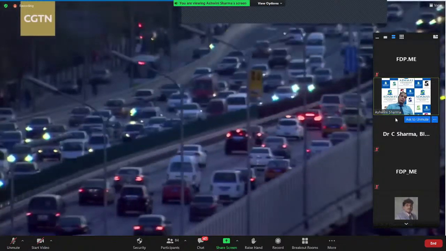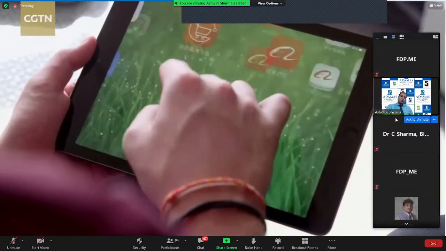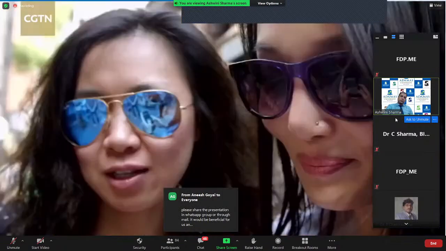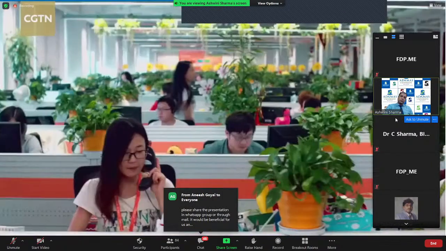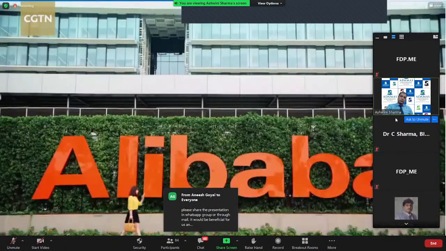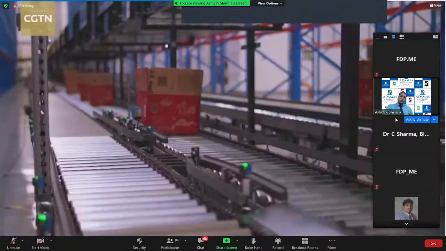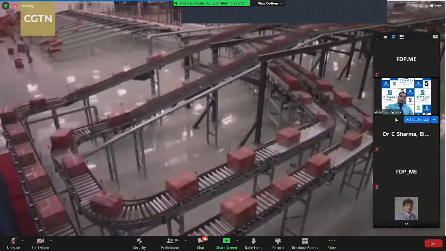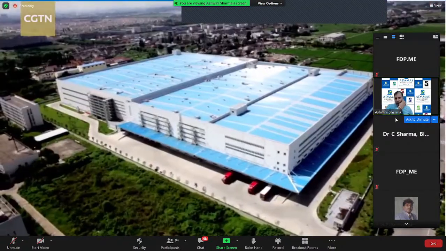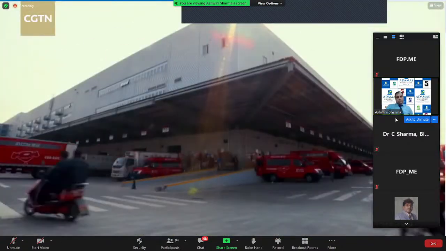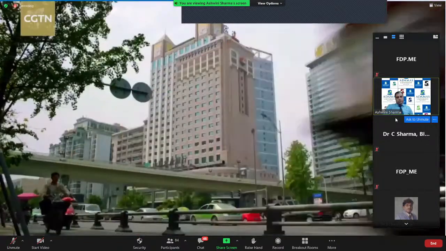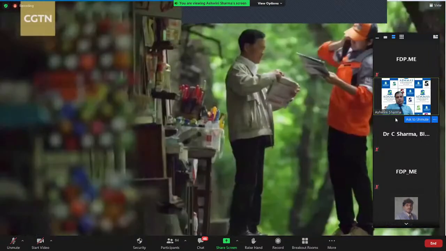Between 2012 and 2016, online retail sales in China skyrocketed from 1.3 trillion to 5.2 trillion yuan, making the country the world's largest online retailer. With a flourishing development of online shopping, the express business is also booming. There are now around 8,000 express delivery companies in China, and more than 2 million people working in the logistics industry.